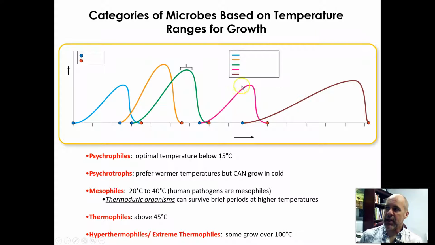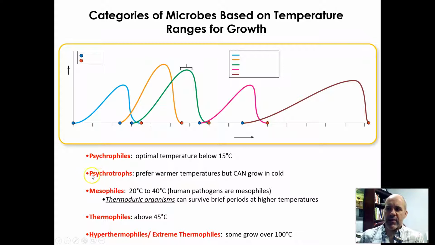Then this hot pink line represents a class of organisms called the thermophiles, and then over here you have a graph representing hyperthermophiles or extreme thermophiles. So thermophiles thrive at temperatures above 45 degrees Celsius. When you get over here in the hyperthermophile or extreme thermophile category, some of those organisms actually thrive in temperatures over 100 degrees Celsius, which is the boiling point of water.